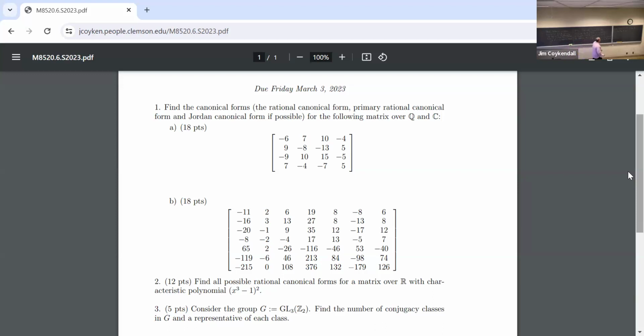Let k be an arbitrary element of K. Here's my basis for K over E, so I can write this as e_1 v_1 plus e_2 v_2 plus up to e_n v_m.